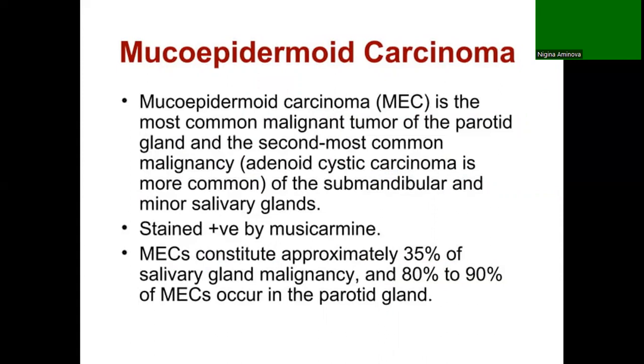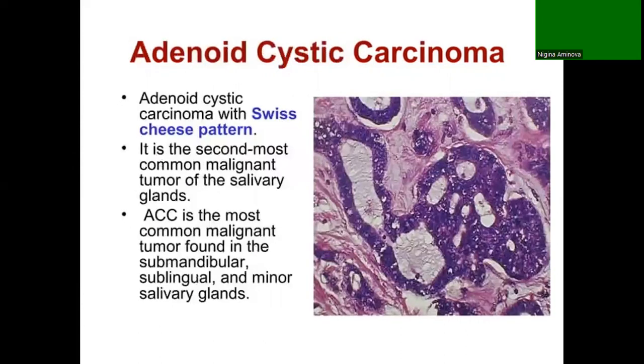It is the most common malignant tumor of the parotid gland and the second most common malignancy of the submandibular and minor salivary glands. Stained by mucicarmine. MECs constitute approximately 35% of salivary gland malignancy, and 80 to 90% of MECs occur in the parotid gland.